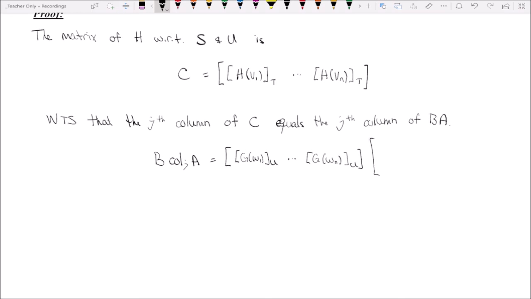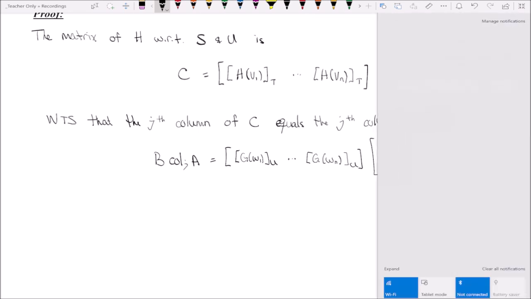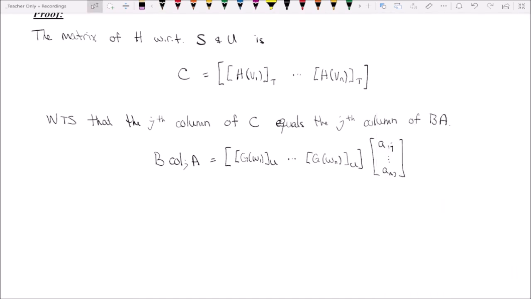And then, of course, our jth column of A will be a1j, so on and so forth, anj. Sorry about that. Right, but remember these columns, right?